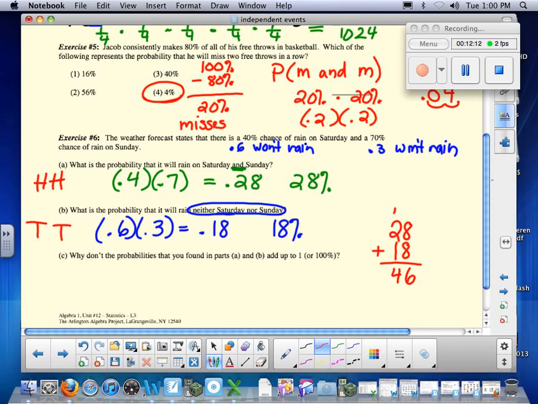So getting two tails. Say it again, Macy. Yes, we're missing the combination of it could rain one day, but not the other. So that would complete our remaining 100%.